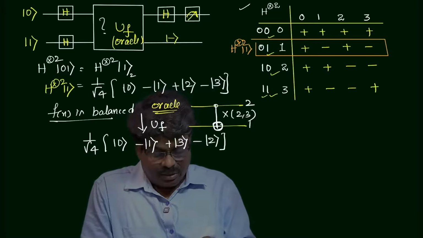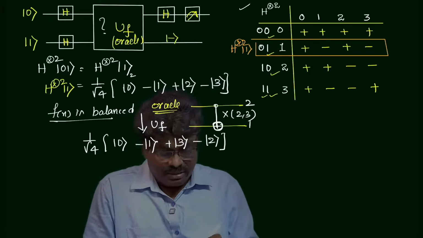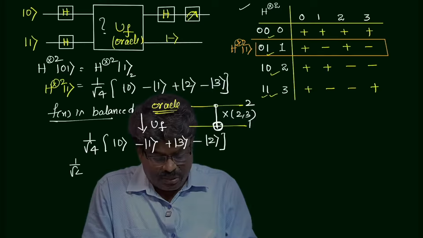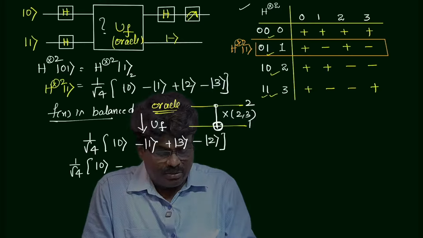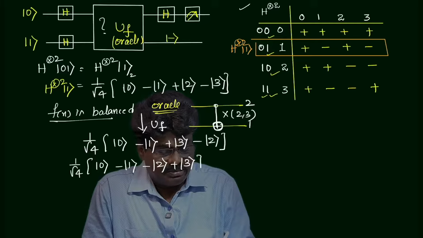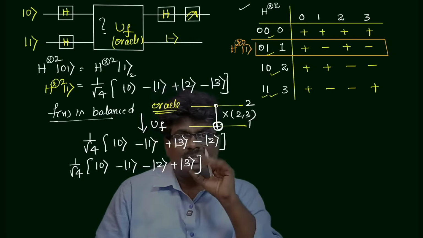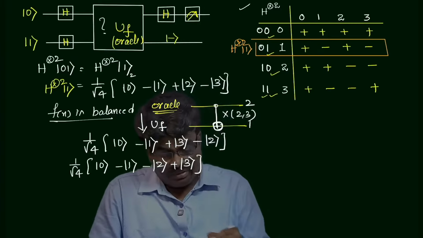Right? So now carefully observe this. I am just rewriting this: 1 over root 4, 0, minus 1, minus 2, plus 3. This is quite interesting. Please listen. Now carefully observe this.